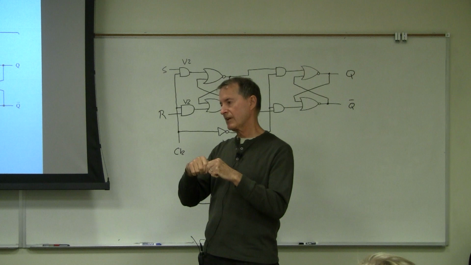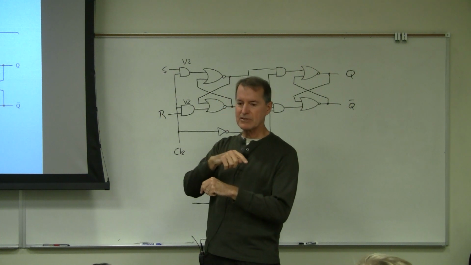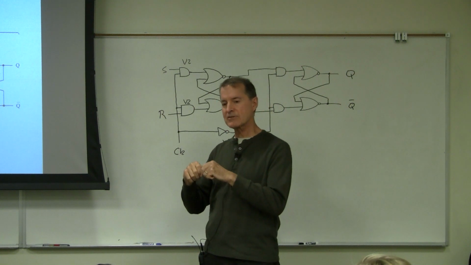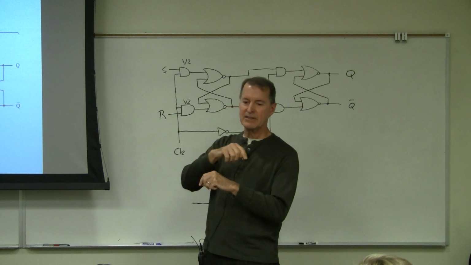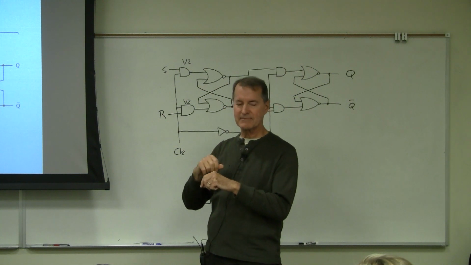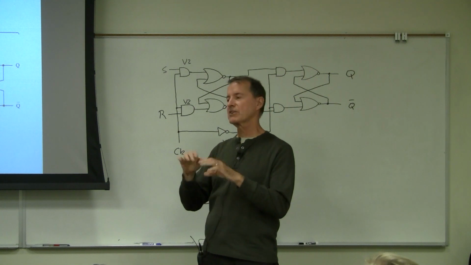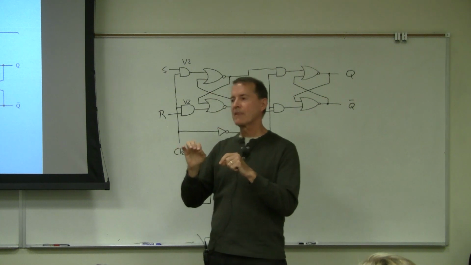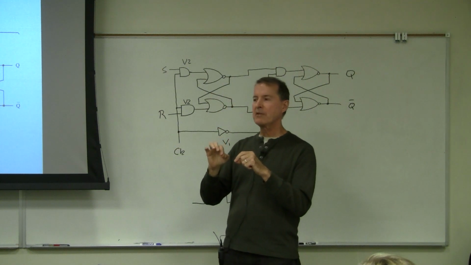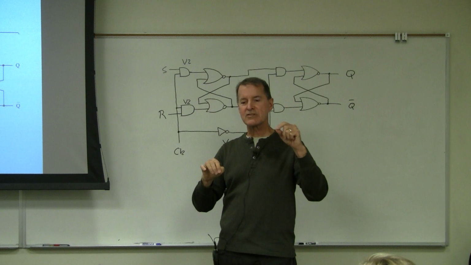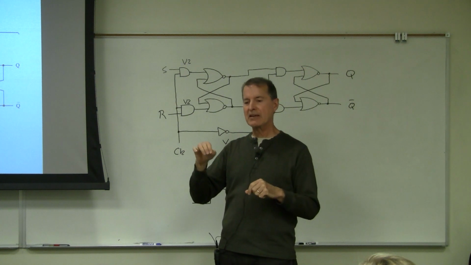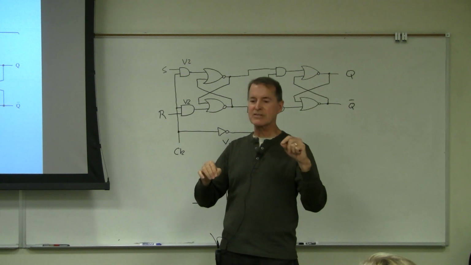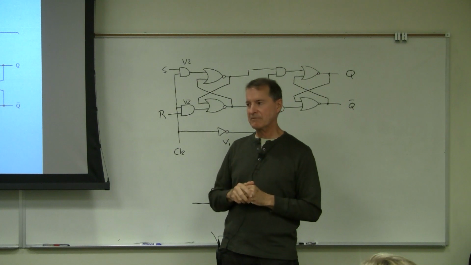And we know that if the input is 0, the output is 1, and if the input is at 5 volts, the output is 0. Actually, let's do this all with voltage. When the input is 0 volts, the output is 5 volts, and when the input is 5 volts, the output is 0 volts. Are you with me?